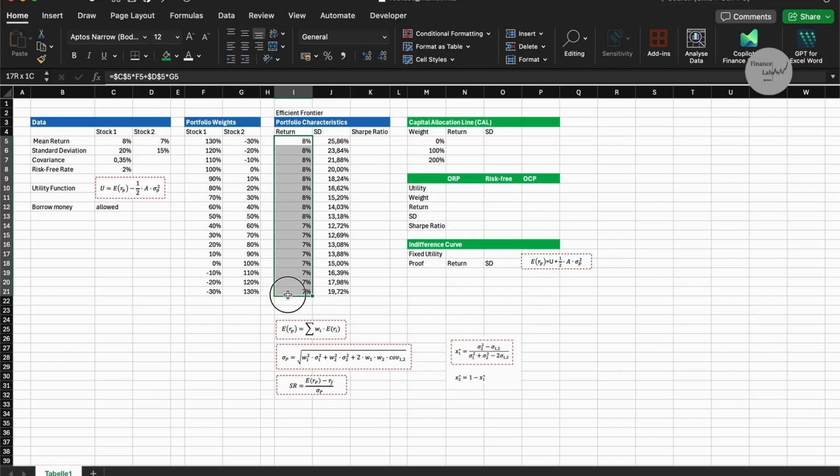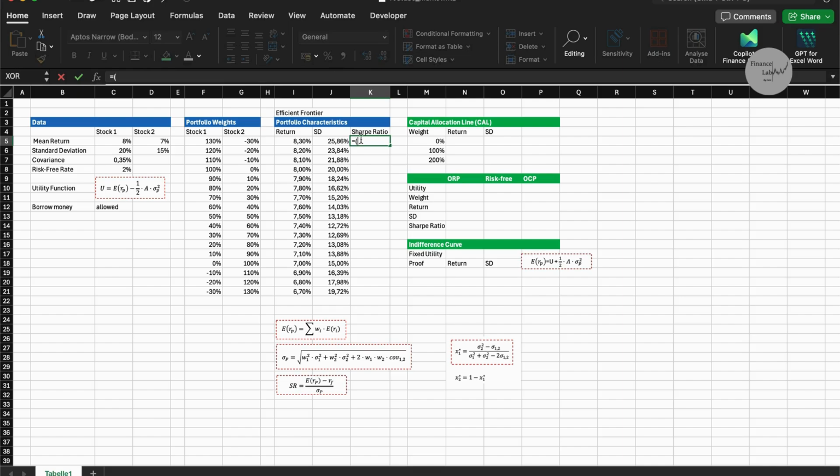With these numbers, we can now compute the Sharpe ratio. The Sharpe ratio is just the excess return of the portfolio, so the expected return minus the risk-free rate, divided by the standard deviation of the portfolio. So this will be the expected return minus the risk-free rate.